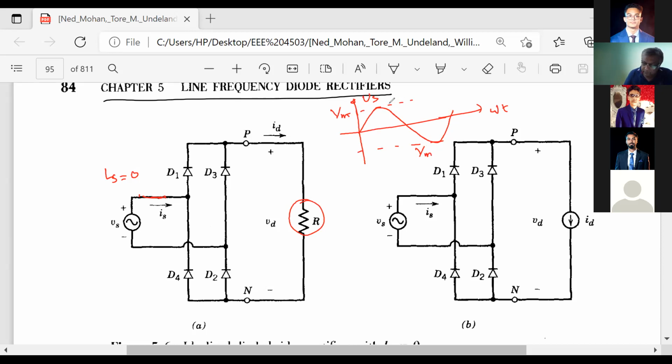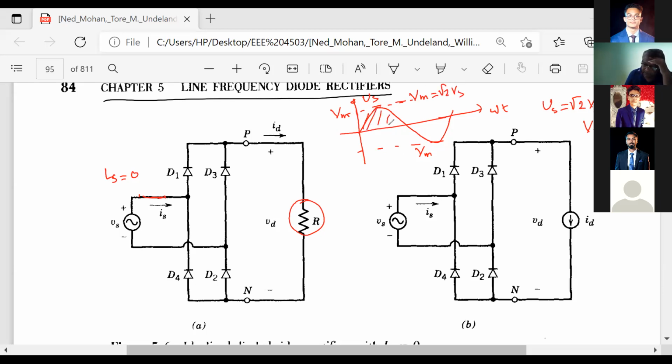If I write Vs equal to root 2 Vs sin of omega T, then what is the value of Vm? With respect to here, root 2 Vs, right? So Vm is nothing but Vm equal to root 2 Vs.